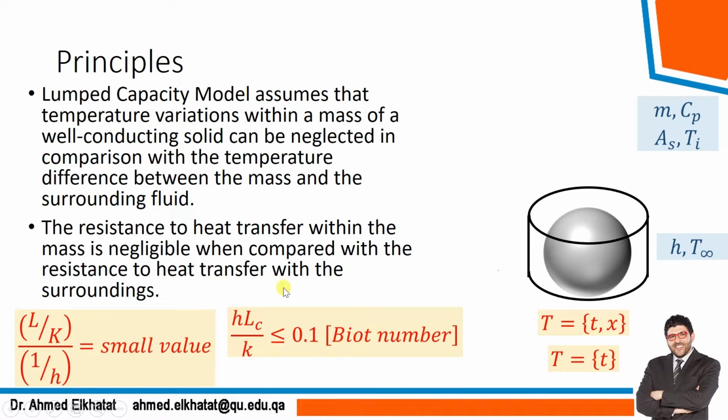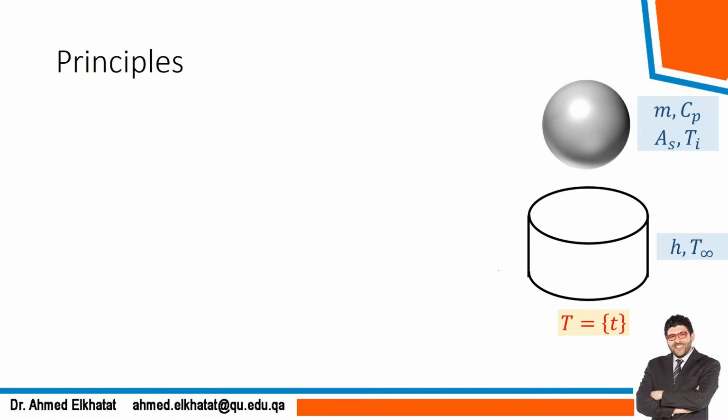What is Lc? This is the characteristic length of the body. It differs from shape to shape, but to calculate it, it is the volume of the shape divided by the area.